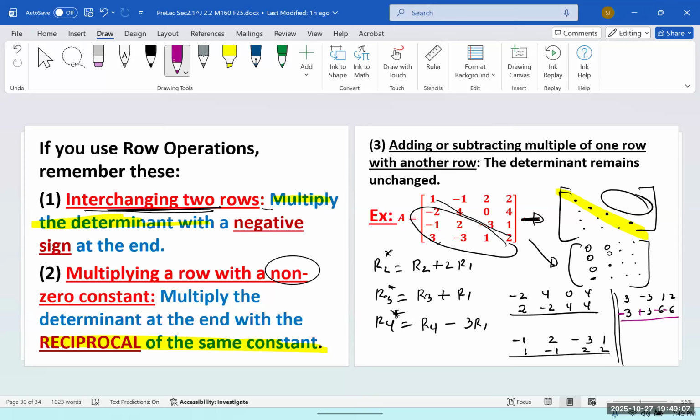Okay. So 2, 2, 0. 4, 2 gives us 2. Then we have 4, 8. So we are adding here. Then we have 0, 1, negative 1, 3. And then we have 0, 0, negative 5, negative 4.